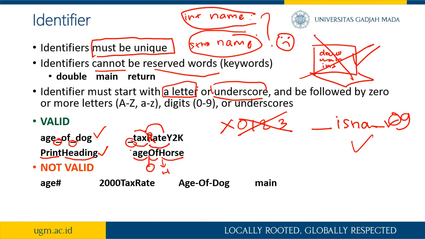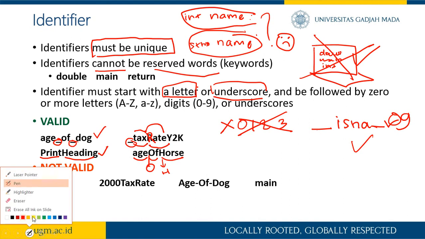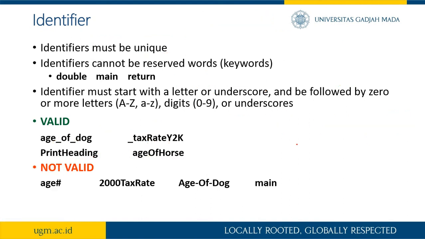However, there are also several conventions for how to use this combination. This one, for example, is mostly used to name a function or a class. We'll talk about it later, but the more common combination of identifier for variables, constants, and etc. is this one.